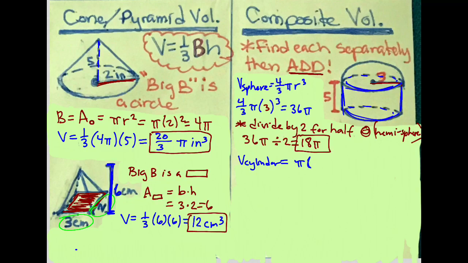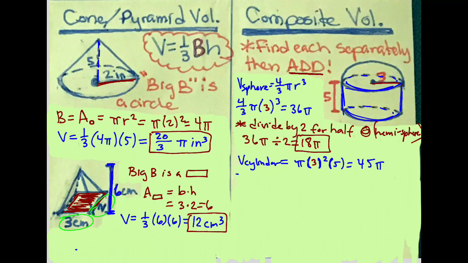So the volume of a cylinder is on your formula sheet. Our radius, once again, is 3, so pi r squared, and then times the height of the cylinder. If you look on the side there, it's showing you that the height is 5. And so you get that the volume of the cylinder is 45 pi.